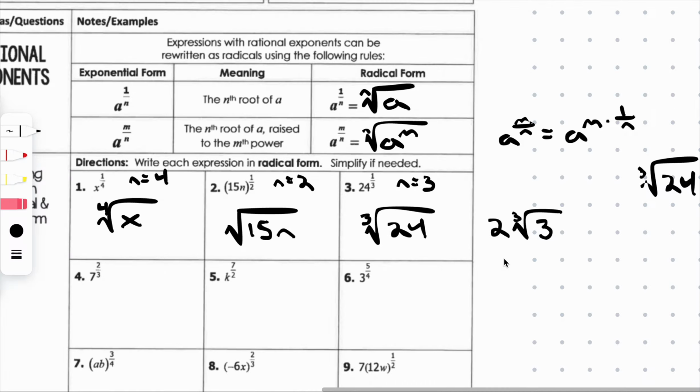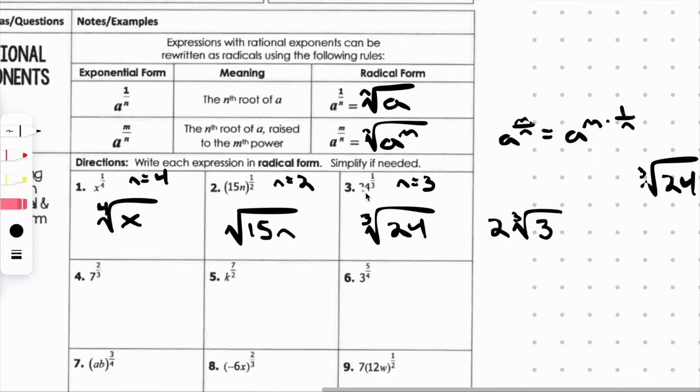So if you're just looking across here, you'll see that if we go the other way, if we go from the fourth root of x to exponential form, we're just putting our index under 1 and putting that as our exponent. Okay? Again, these are the same thing.